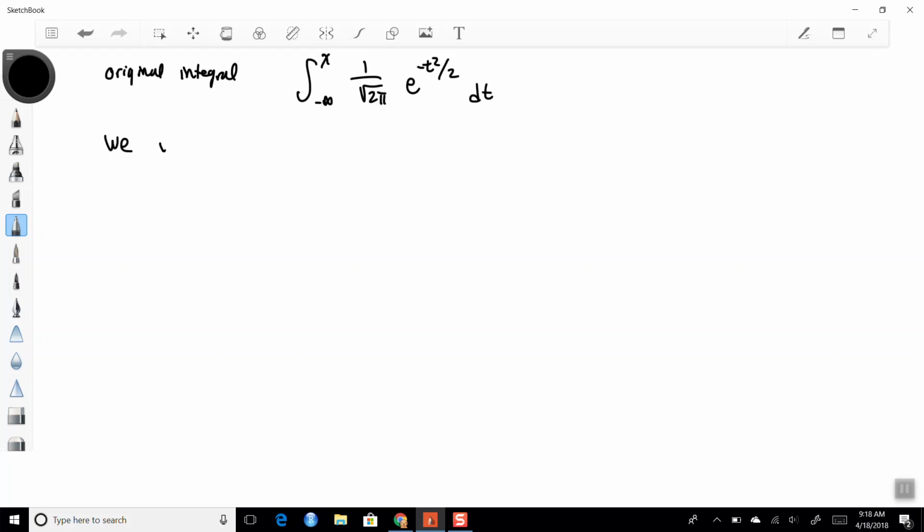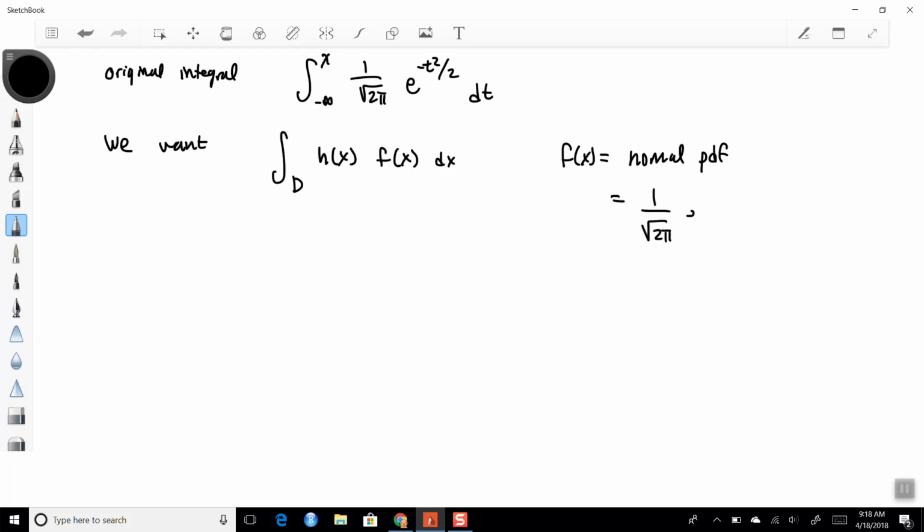And we want it in this form, right? So I'm going to let f of x be the normal PDF, which is 1 over root 2 pi e to the negative x squared over 2. And in this case, the support of x is negative infinity to infinity.